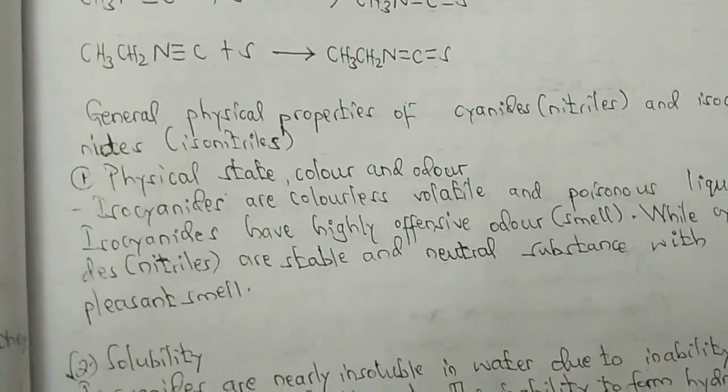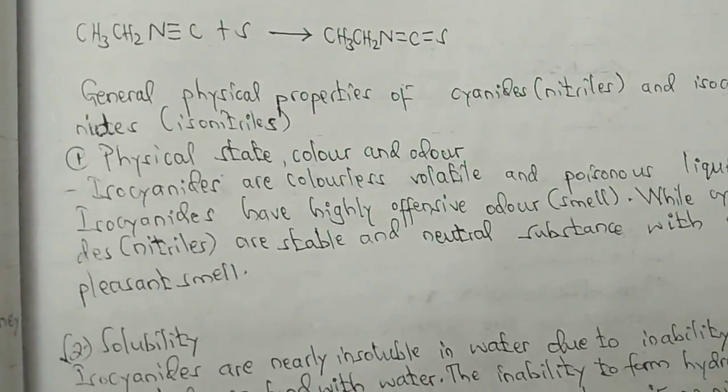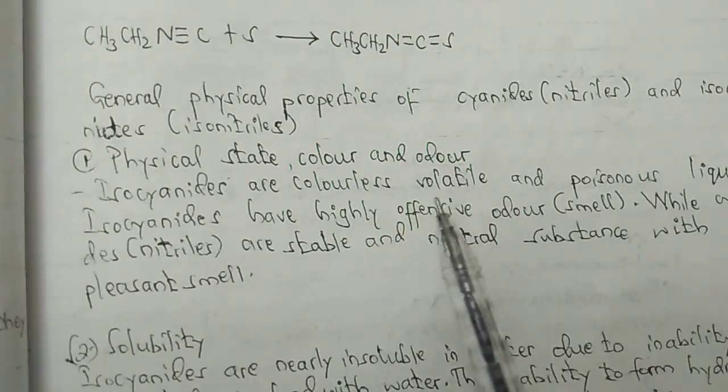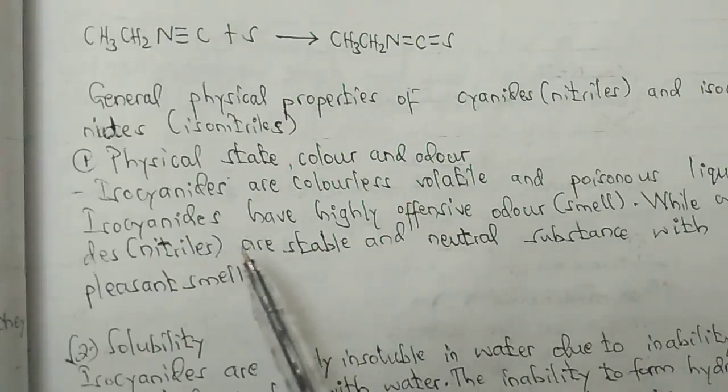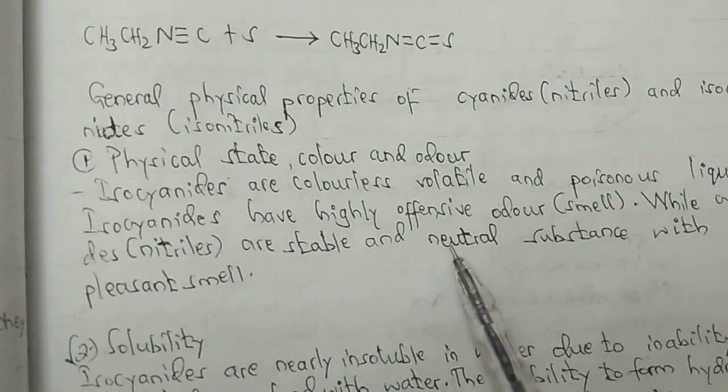Finally, the general physical properties of the cyanide or nitrile and isonitrile. Katika physical state, color and odor. Isocyanides are colorless, volatile and poisonous liquid.